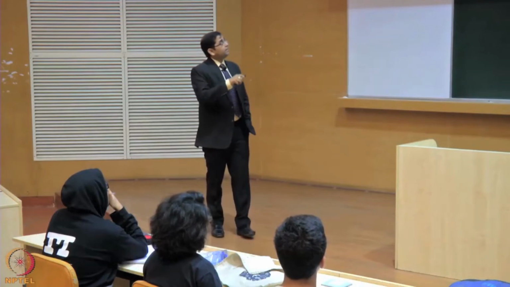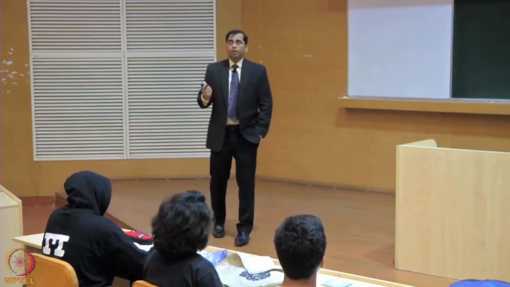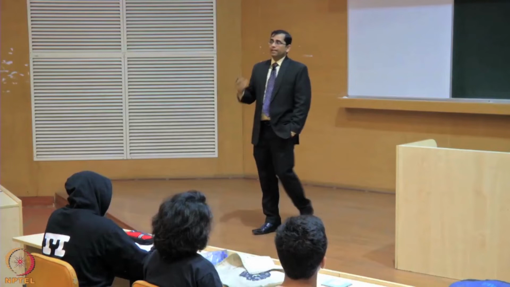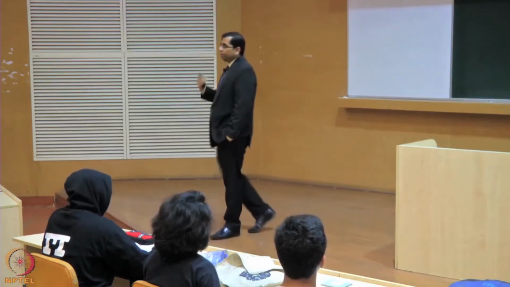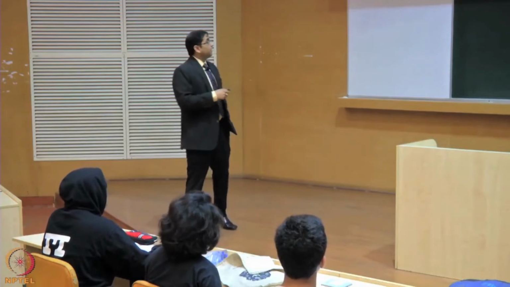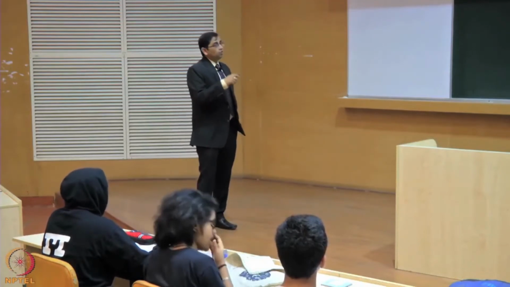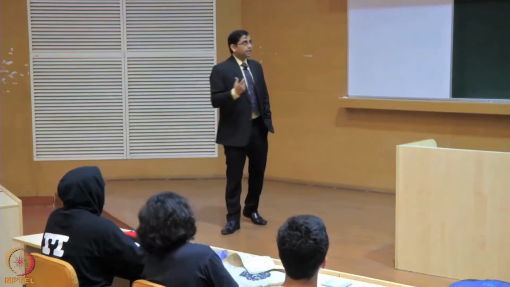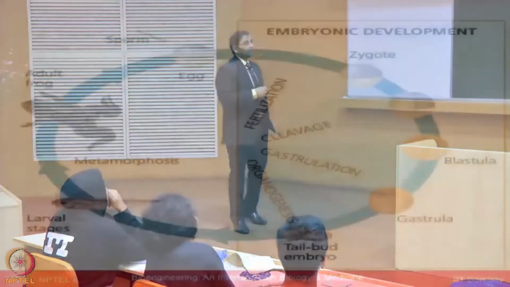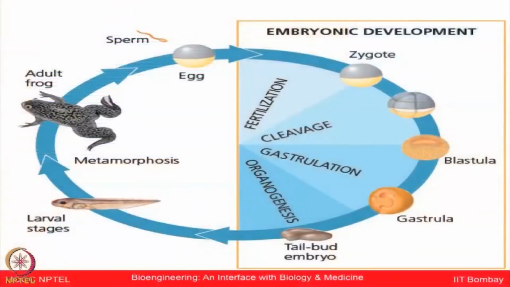This is one of the very elegant examples of a simple organism showing a different developmental cycle, and also interesting from the evolutionary point of view, showing in which way the same genetic makeup could result in two different types of morphologies. So metamorphosis is a process where the larva, tadpole in this case, undergoes major changes and transforms into the adult frog.